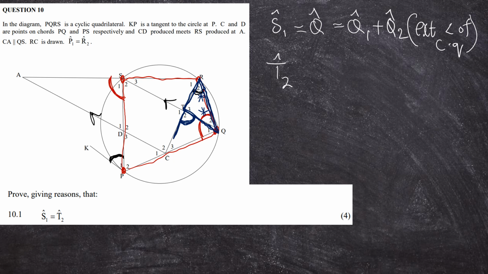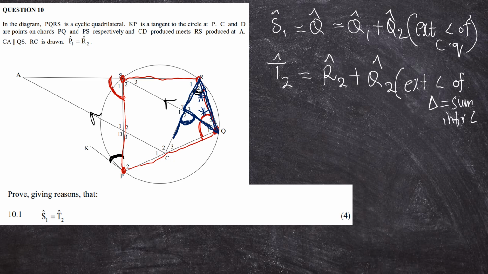So we can see that angle T2 will be the same as angle R2 plus angle Q2, by exterior angle of a triangle. Someone might want to extend it to say it is equal to the sum of the interior angles, right?